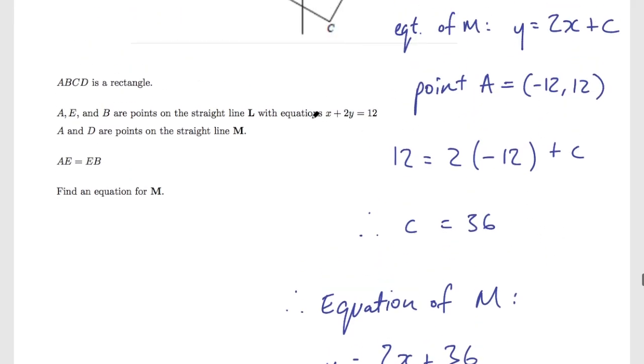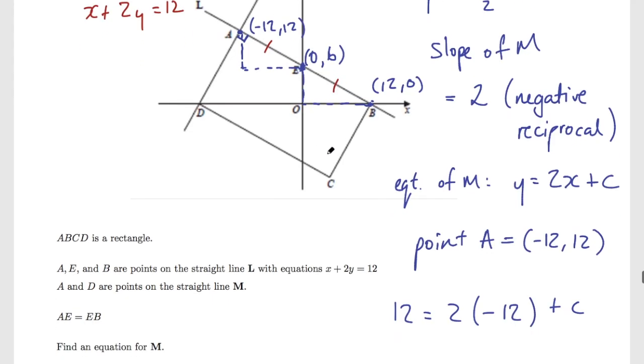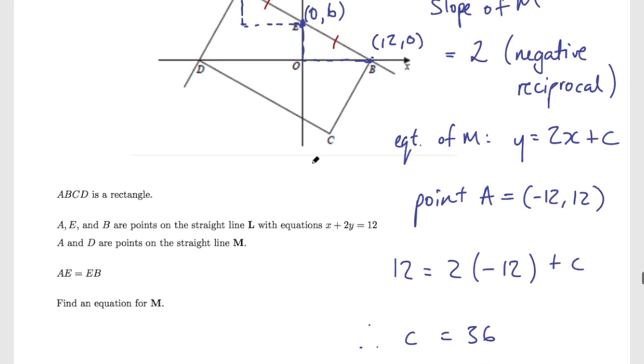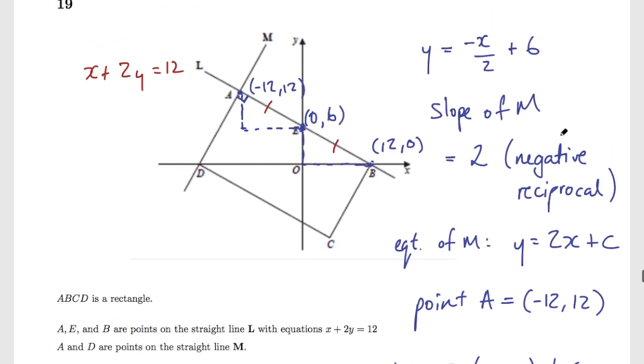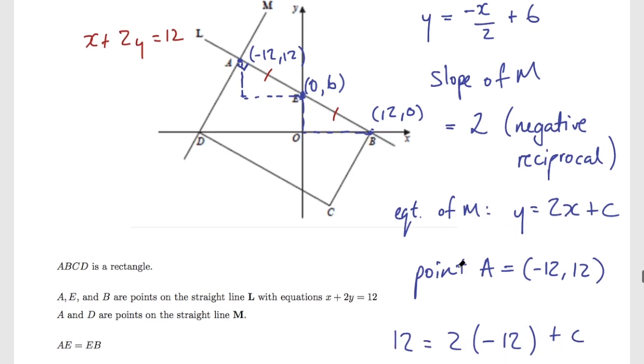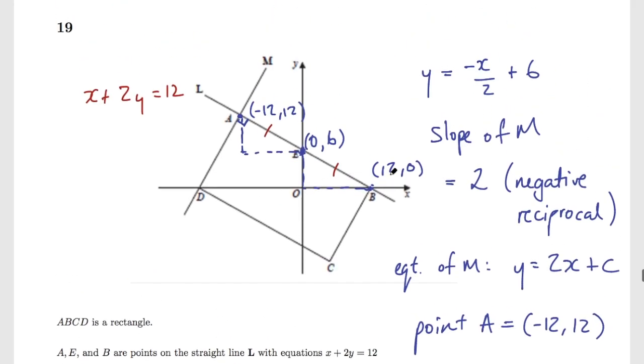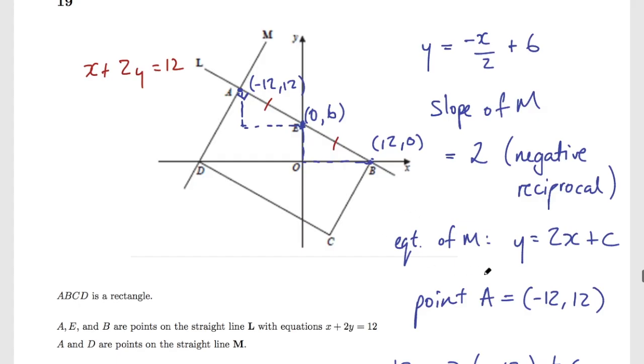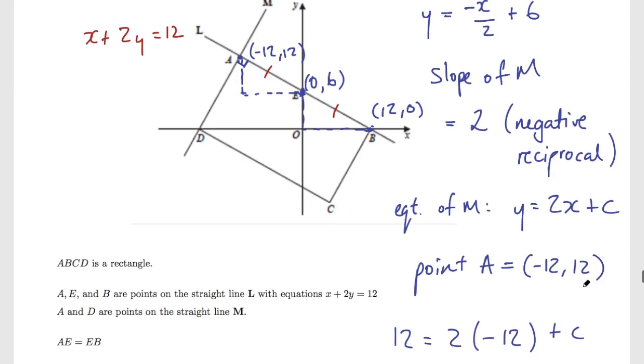And I know that sometimes this can be quite a difficult topic. I think finding the slope of m would not be difficult, but there's quite a few steps in this question, and one of the steps that I think a lot of students have trouble with is starting off with the equation of m and then putting in c as a placeholder or an unknown and then using a point to find c.